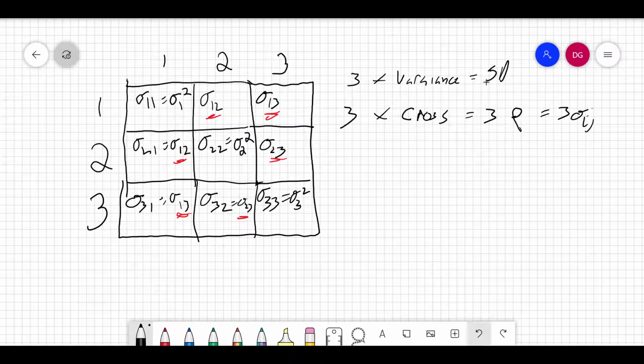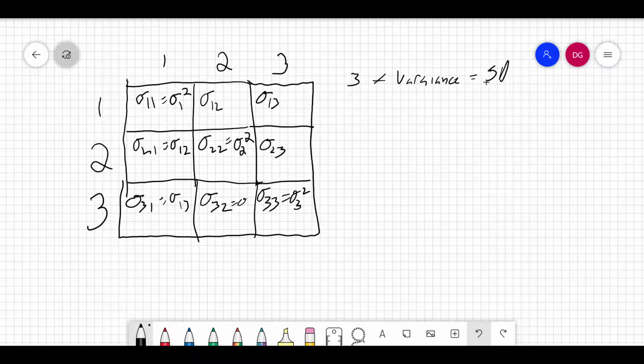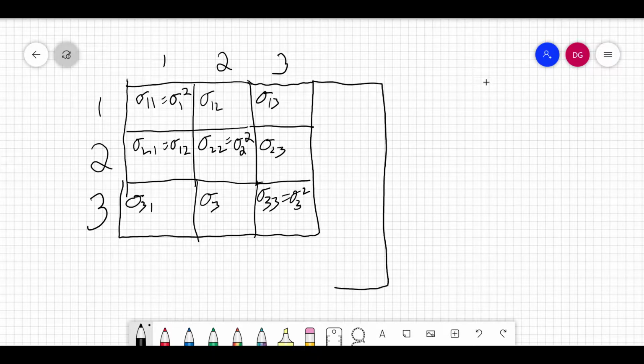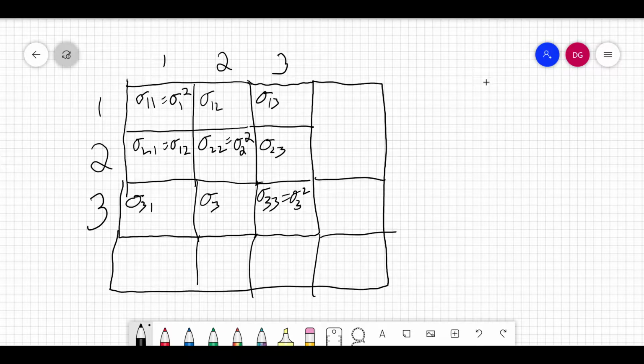What if I add a 4th asset? So let me get rid of a bunch of these marks, and we'll add a 4th asset. Well, again, on my diagonal, sigma 4,4 is going to be one more variance term.